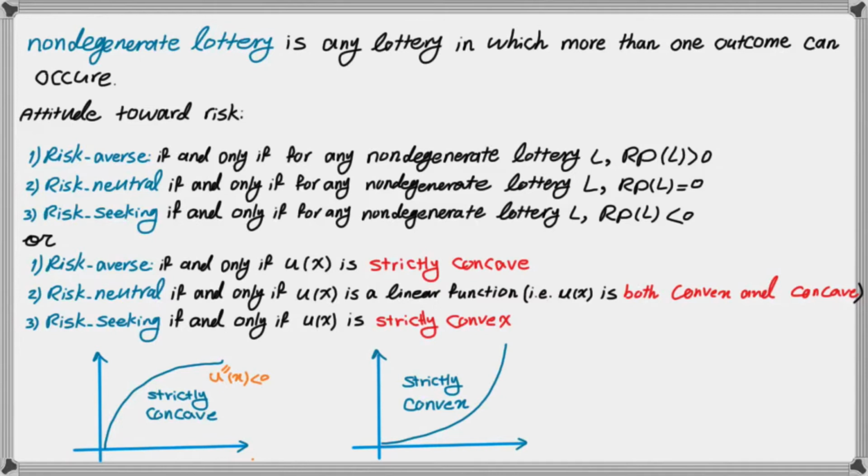This shows you the strictly convex graph, and in this case the second derivative is positive. If you're given a function, you calculate the second derivative and find out if it's positive or negative. To take the derivatives, the utility function should be differentiable. Otherwise, you cannot calculate the derivatives to find out if the person is a risk-taking or risk-averse type of personality.